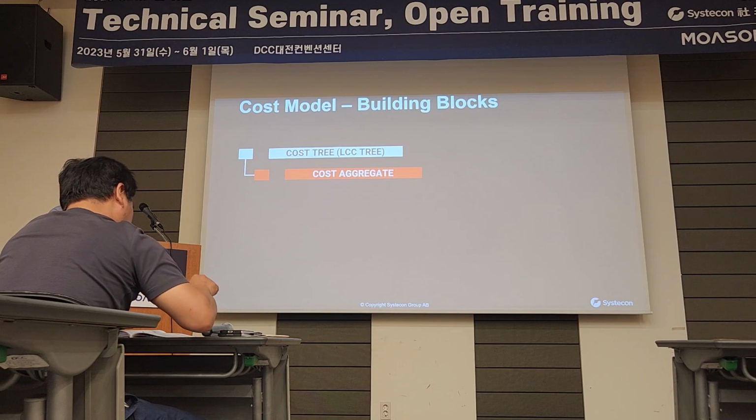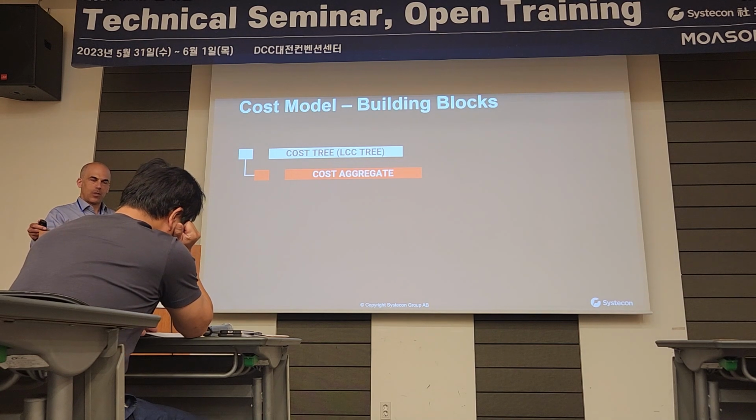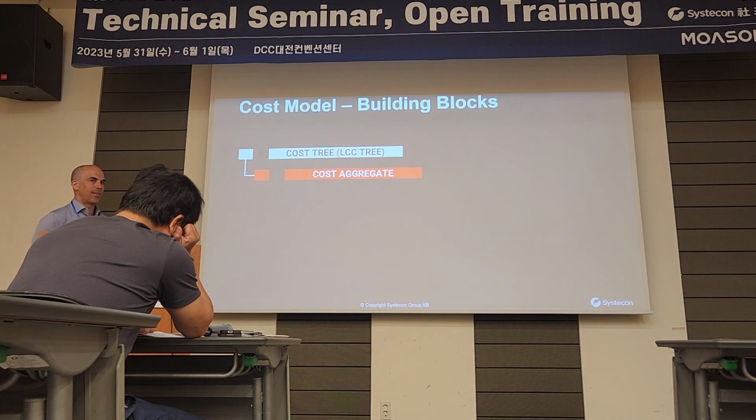That is a higher unit that is aggregating costs from lower units. So for example, as we saw in the OPUS 10 cost model, investment cost is a cost aggregate because it contains both investment in spare parts and in resources. And LSC is a cost aggregate of initial investments and recurring costs, etc.